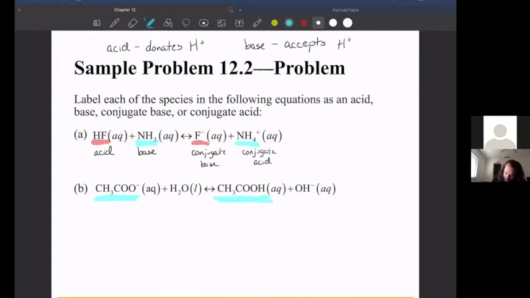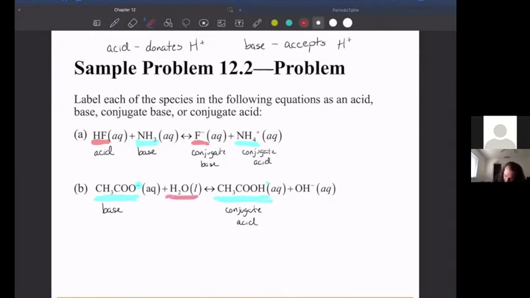In this case, it goes from having a negative charge to now being neutral and having this extra hydrogen. So it played the role of a base. It accepted that proton, and that makes this its conjugate acid. So we don't even really have to know what this molecule is. We just need to tell what role it's playing in this particular reaction.